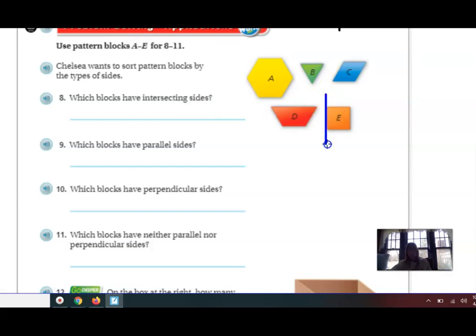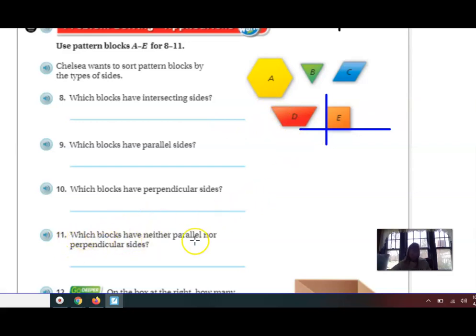So that would be E, has a 90-degree angle right here. If you did that to this, you would see that that would be an obtuse angle. If you did that with this right here, that would be an obtuse angle. If you did it here, that would be an obtuse angle. So the only one that has perpendicular is E.